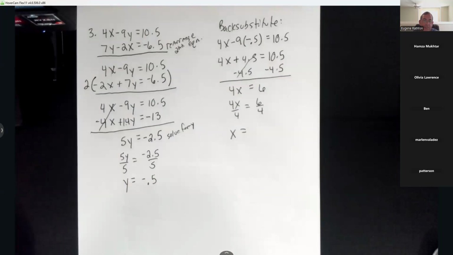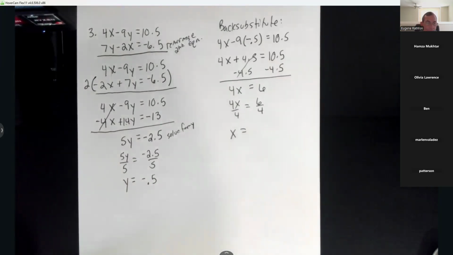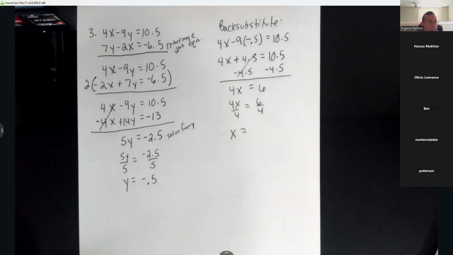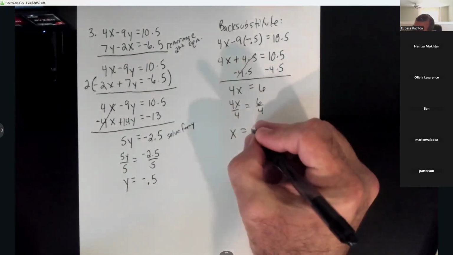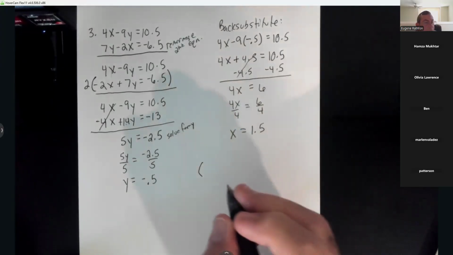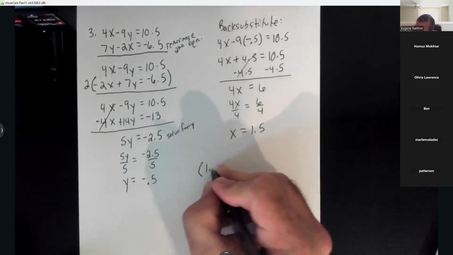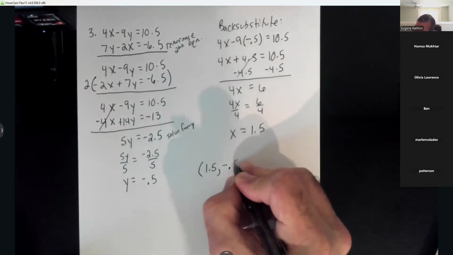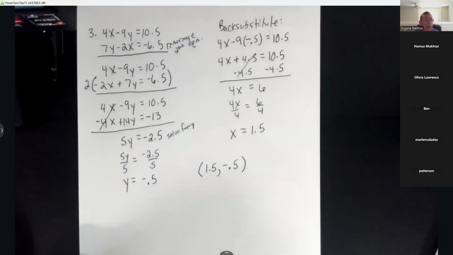So if y'all divided that 6 by 4, what are y'all getting? So y'all getting 1.5. Good job. All right, so that means our answer was 1.5 for the x and then a negative 0.5 for our y value.